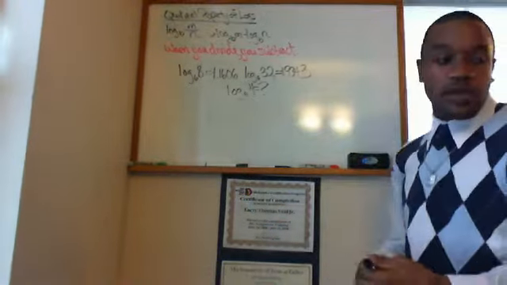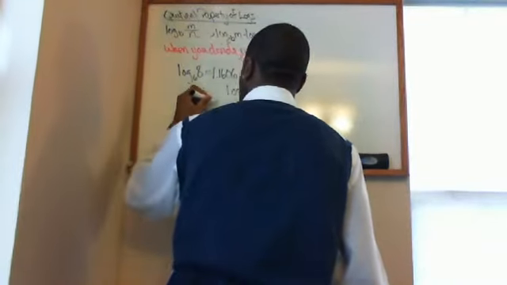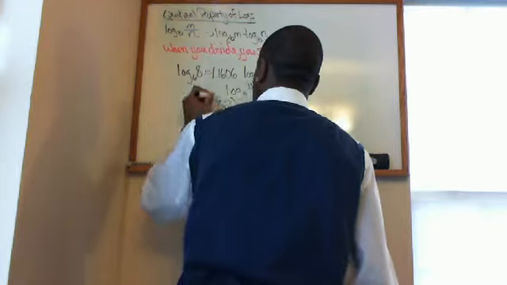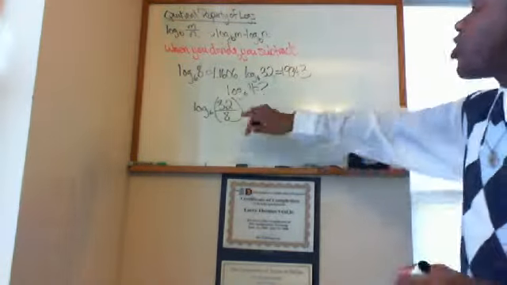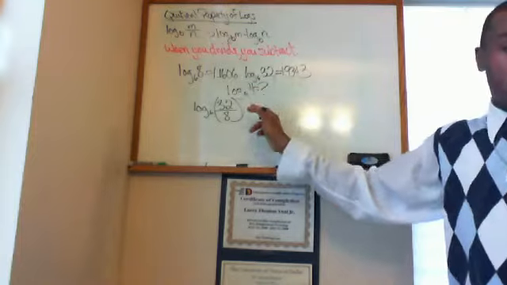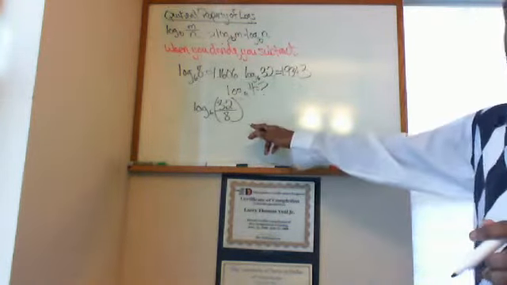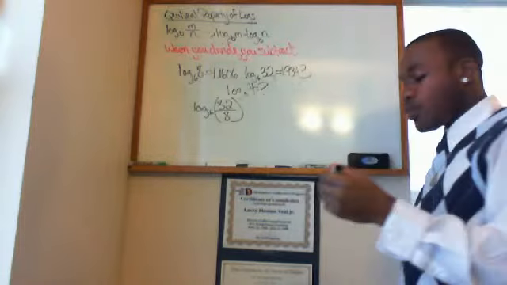Log base 6 of 4 is going to equal log base 6 of 32 divided by 8. Now we put 32 divided by 8 in parentheses because we already know that it equals 4. So we replace 4 with the quotient 32 over 8.